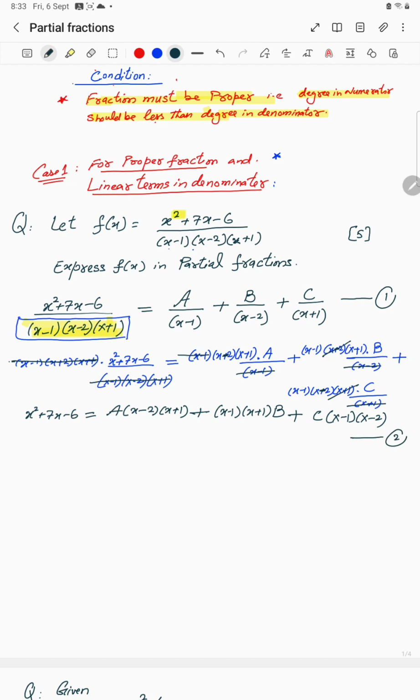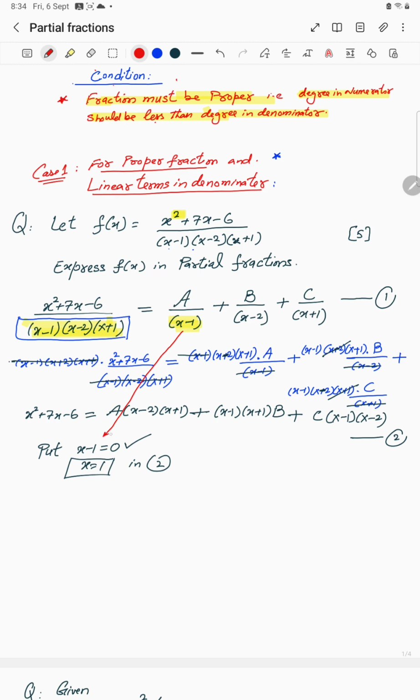Now, for the values of A, B, and C, what to do? Whatever is in the denominator of A, the first linear term, you need to put that equal to 0 to find x equal to 1. And you need to put this value, x equal to 1, in equation number 2. Let me repeat where we get this from: we get this value from A. Here I'm going to put an arrow.